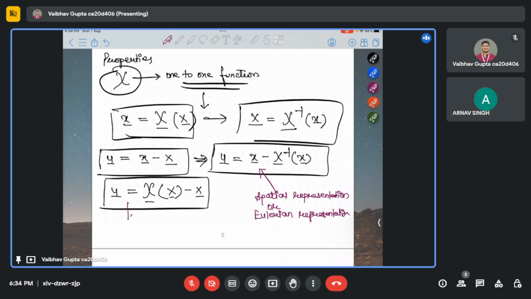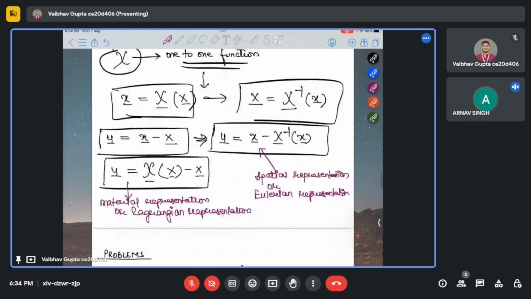And when the displacement field is related to the reference configuration, it is known as material representation, or Lagrangian representation. Got this thing? Any doubt so far?